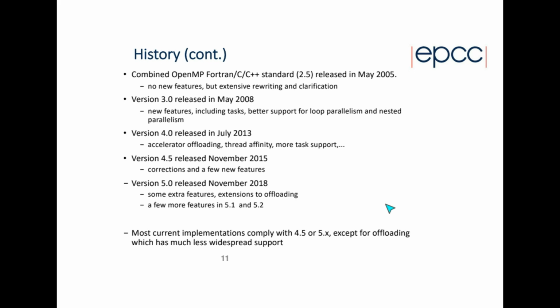We've reached a situation which often happens with standards, where the support from different compilers is a bit variable. At the moment, most current implementations comply with either 4.5 or 5 point something, except for offloading to GPU, which has less widespread support.